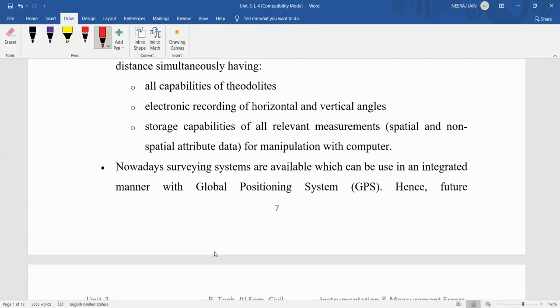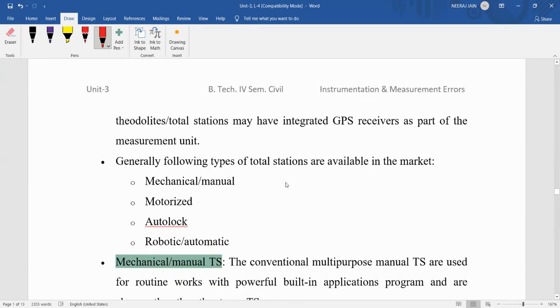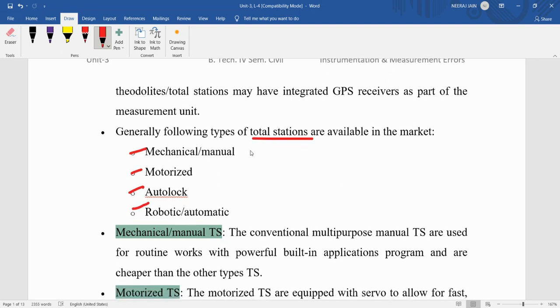Nowadays surveying systems are available that we are using in modern ways with GPS as well. There are several types of total station: mechanical, motorized, auto lock, and robotic. These are the theodolite systems.